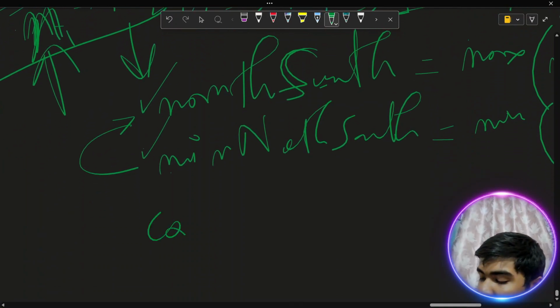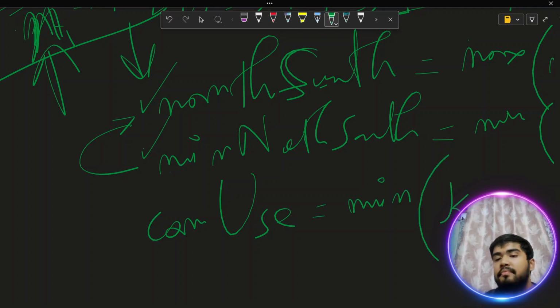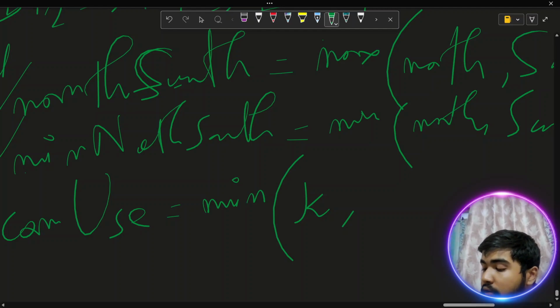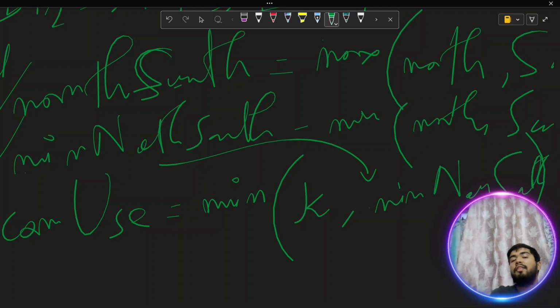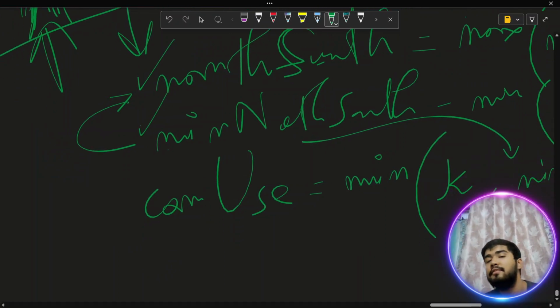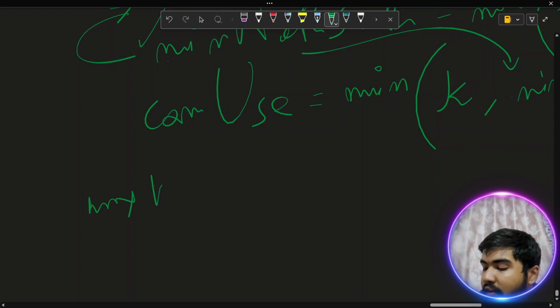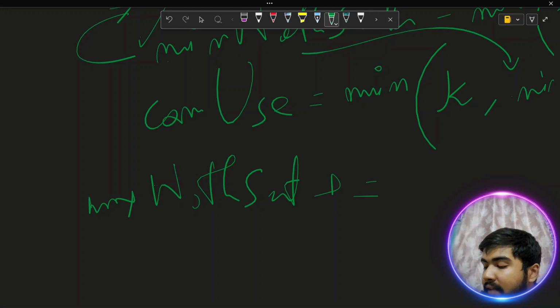If I define can use, my can use should be the minimum of my k and the minimum of my north and south count. Yes. So now when I have got this can use, what I should do is: my max of north south plus equals can use.